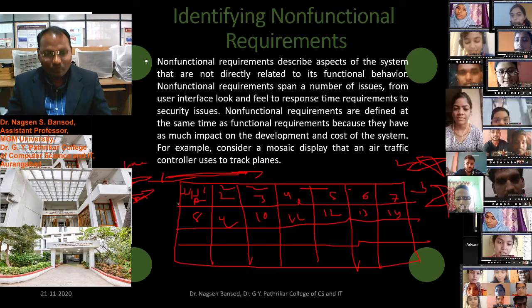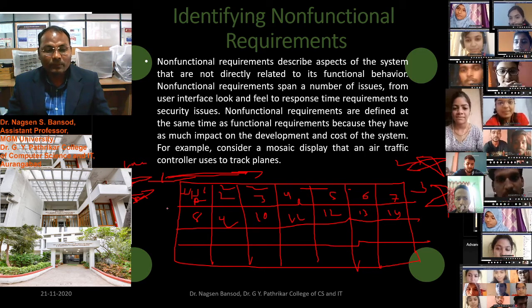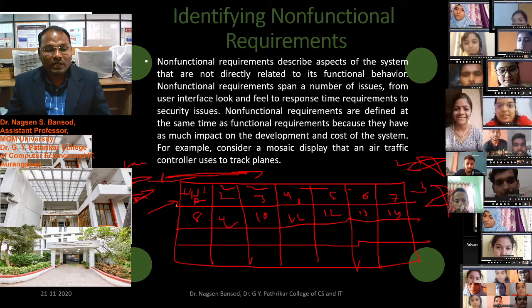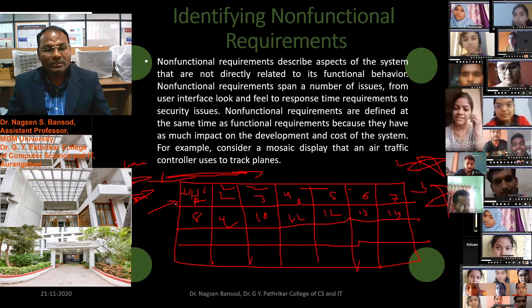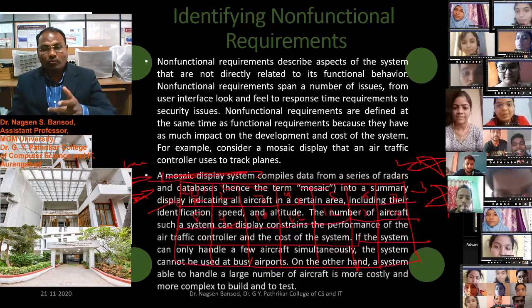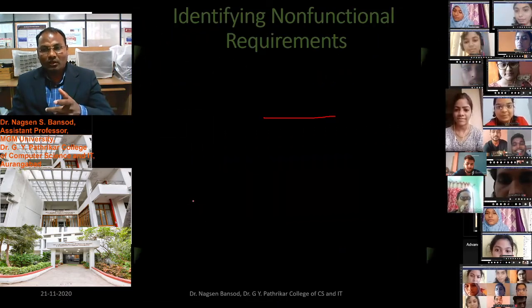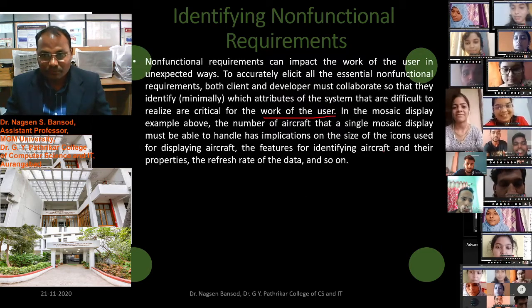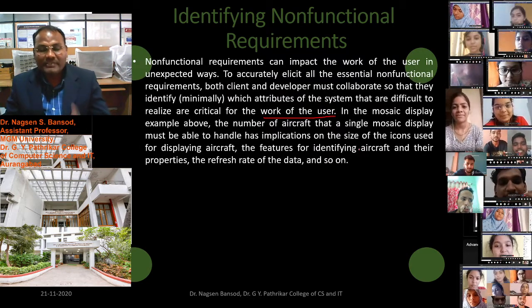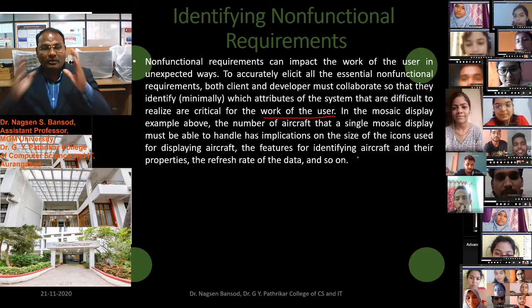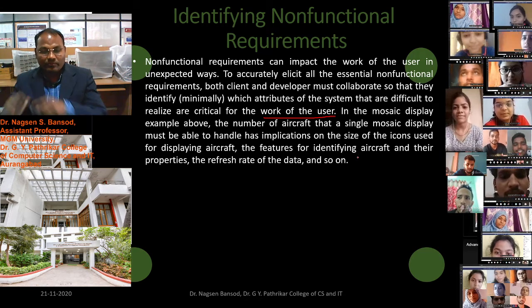But we have to talk with the client, or the client should talk with the developer, about how much time is required to modify, to change, or to refresh the display, as well as the icons, which icons are there, the size of the display, and label names.